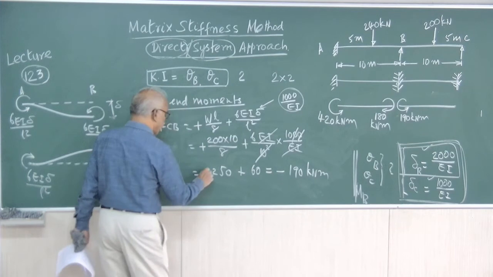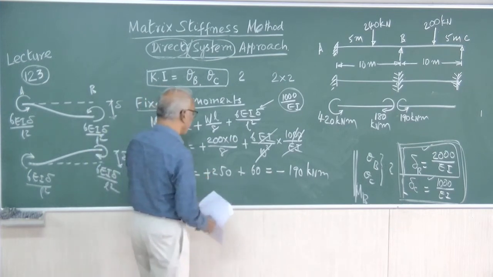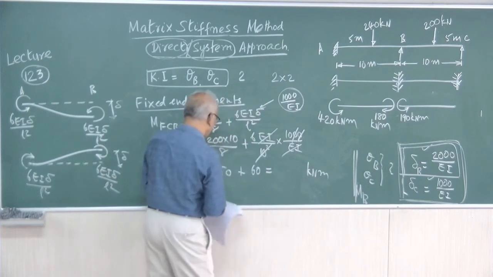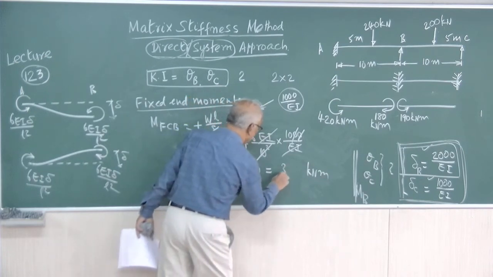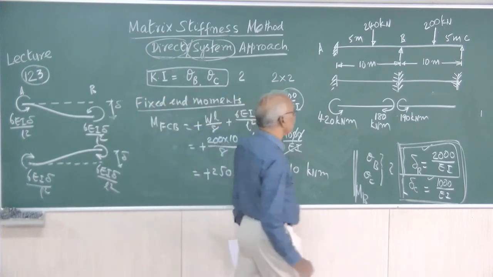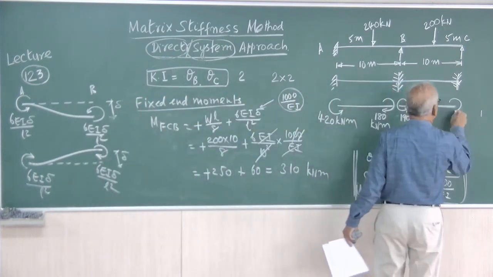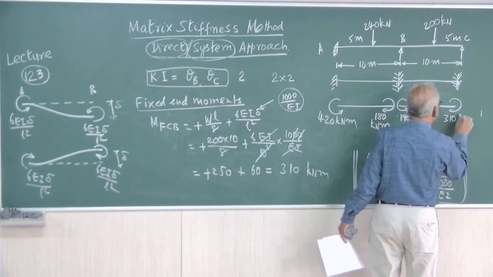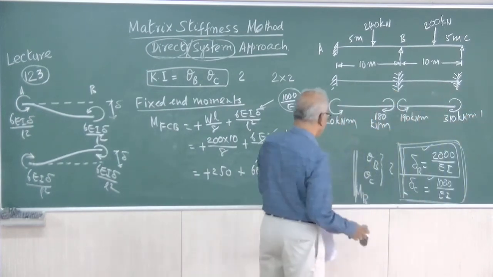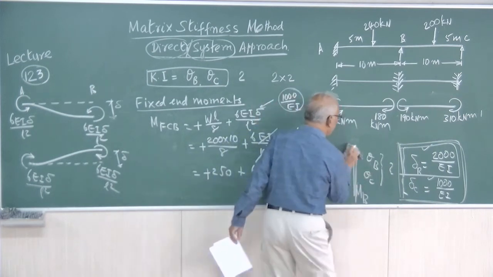Therefore, this will become plus 250. So 250 plus 60 equal to 310 kilonewton meter. So this value is 310 kilonewton meter, right. So I think we can rub off this.